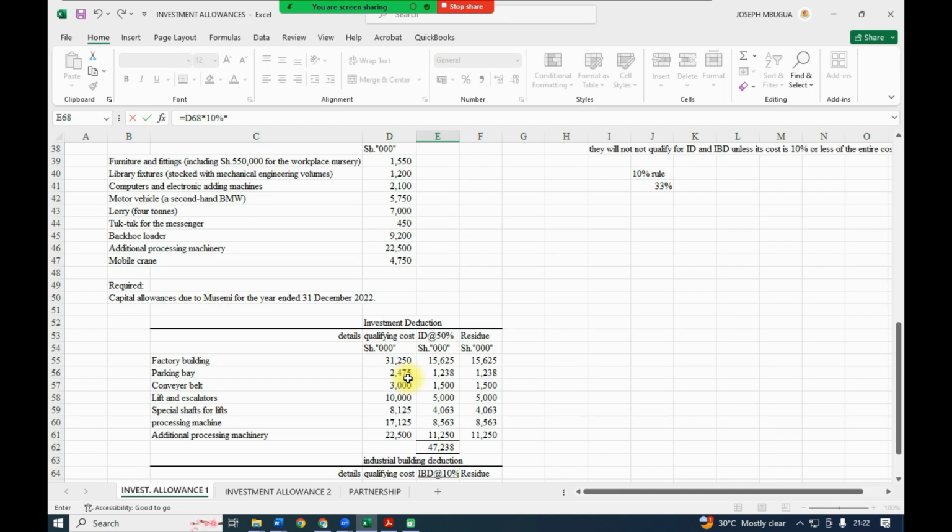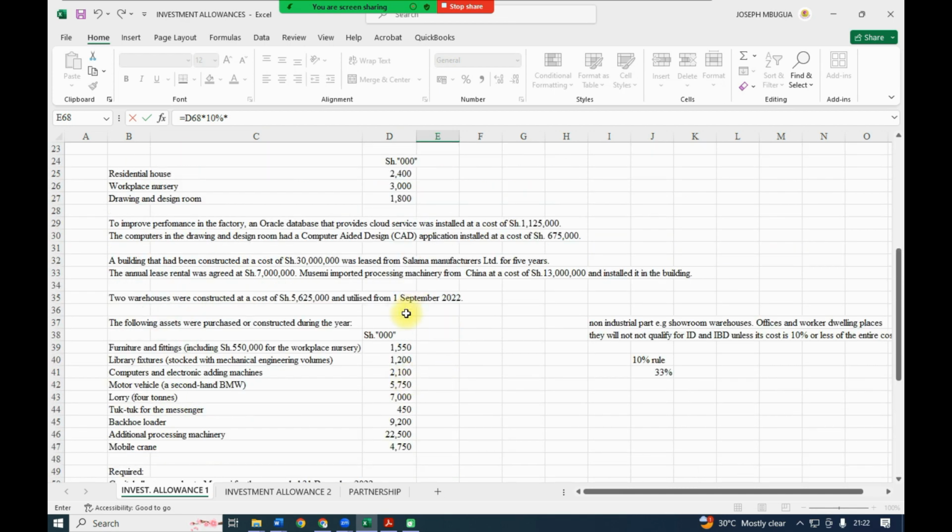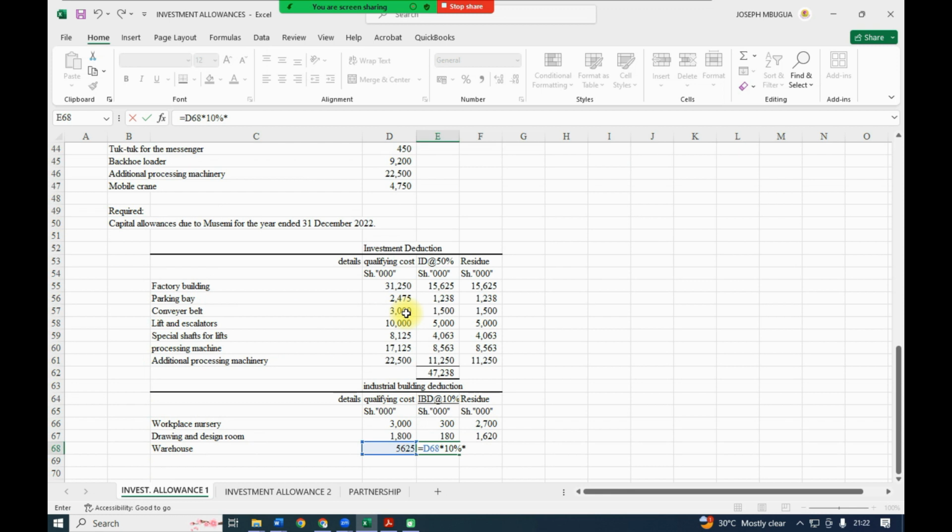It was utilized from September, October, November, December, which is 4 months during the year. IBD is the only one you are allowed to apportion, depending on the period the asset was used. The rest you are not.